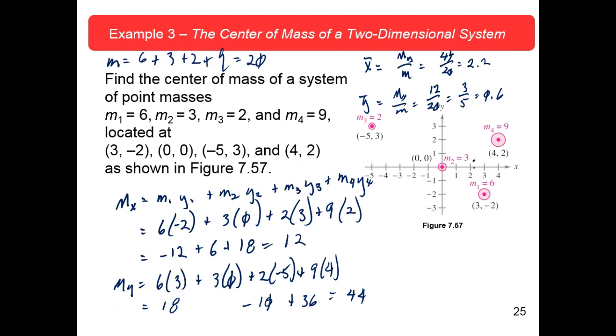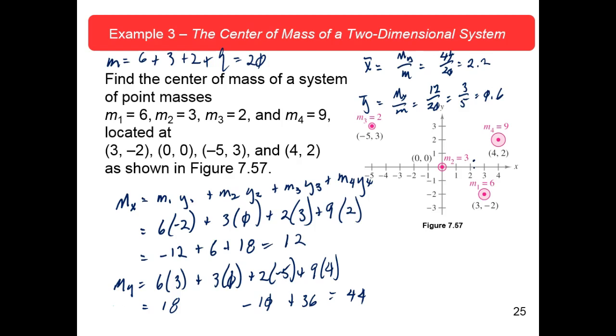That looks okay. Above and below, you've got a really big mass a short distance above, and a smaller mass a little bit further above, and then you've got a fairly small mass slightly below, and then a medium mass slightly below too.